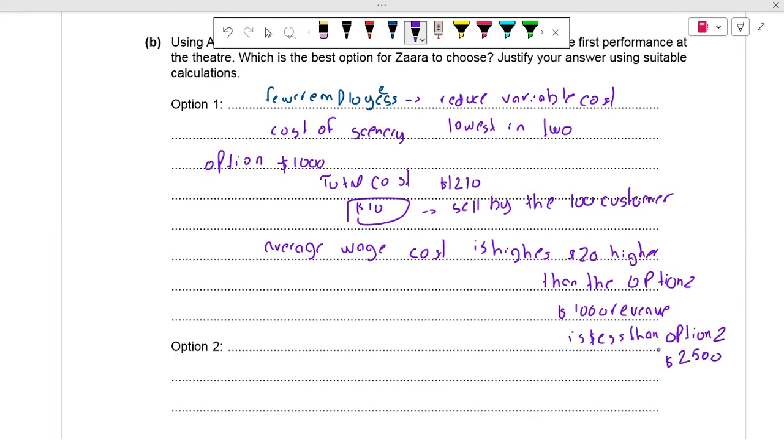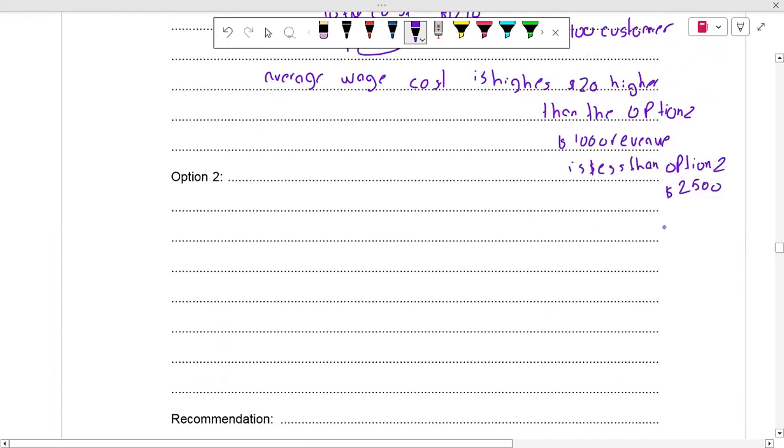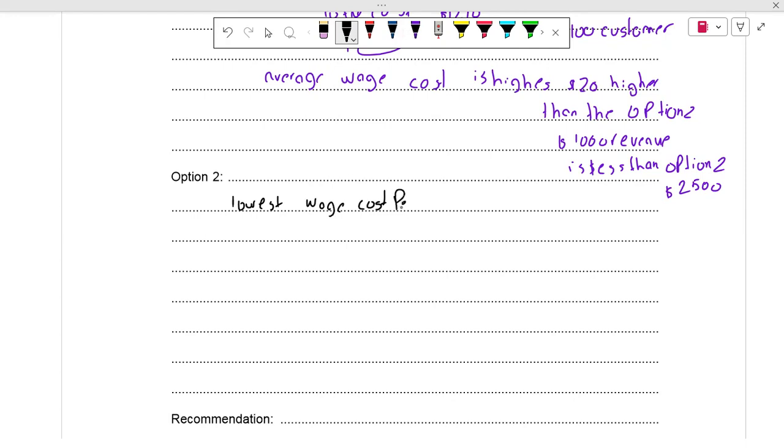Okay, so this is how we can write our option 2. And in option 2, we have basically the lowest wage cost per employee. Why? Because the number of employees was higher than in option 1.